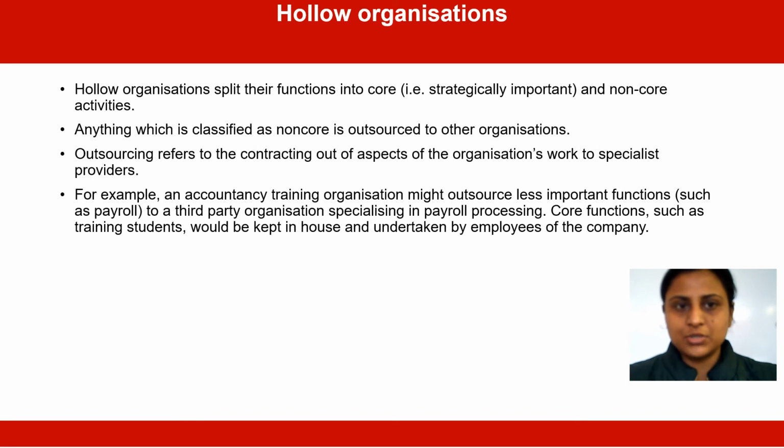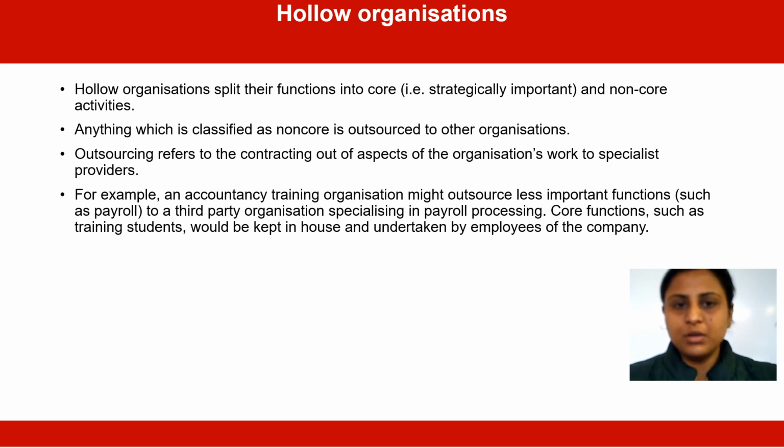Hollow organizations. These organizations split their functions into core and non-core activities. Core activities are the ones that are strategically important, and anything that is classified as non-core is outsourced to other organizations. Outsourcing is basically contracting out aspects of the organization's work to specialist providers.